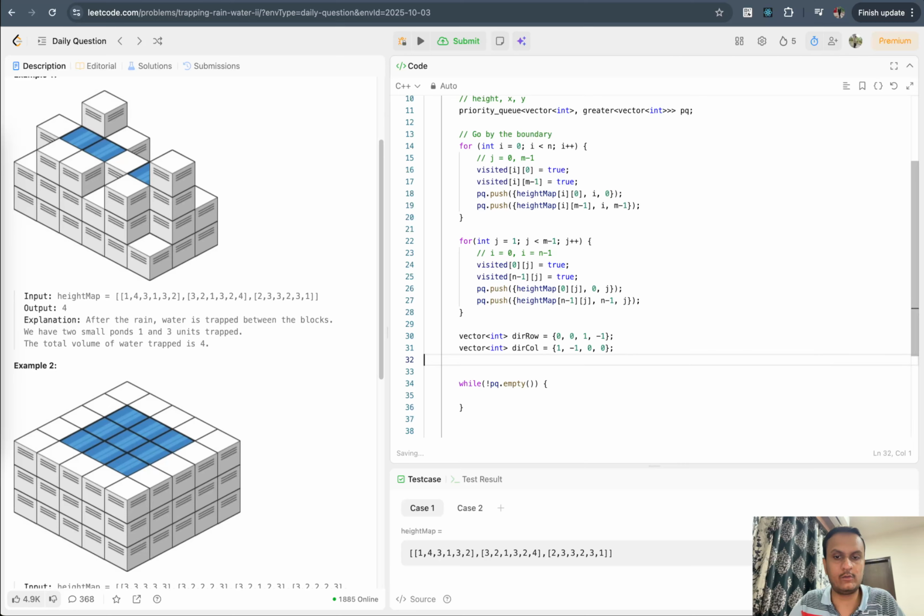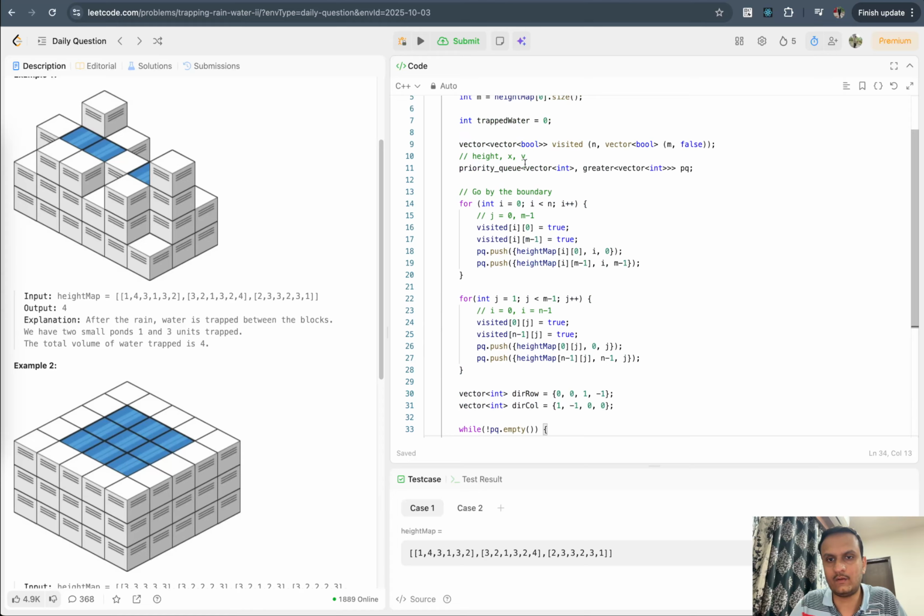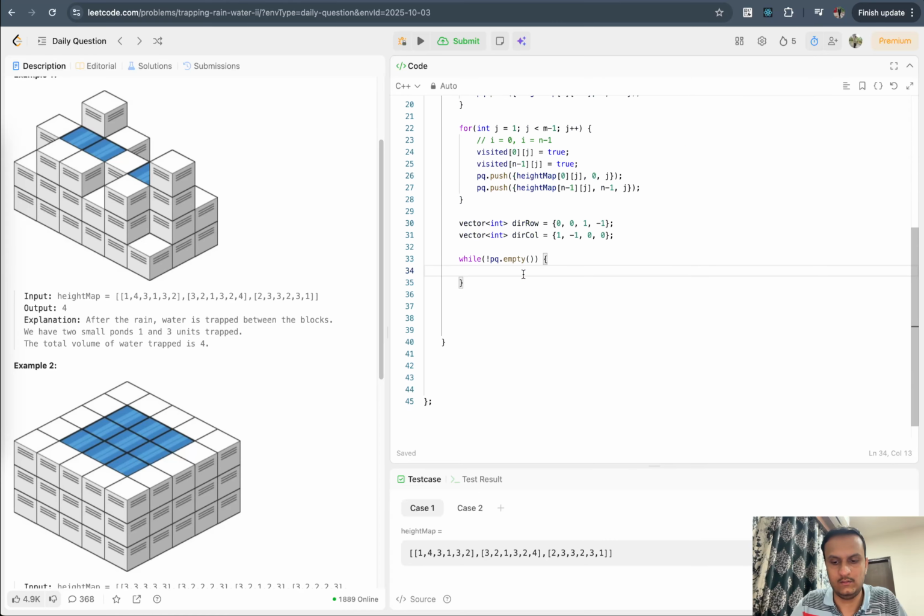By looping through those 4 directions, I can find all the adjacent cells to my current cell. So we can find it: vector of int, let's make it temporary, pq dot top, pq dot pop.